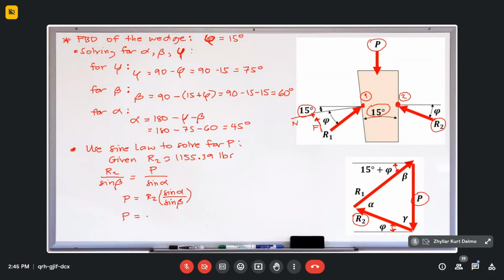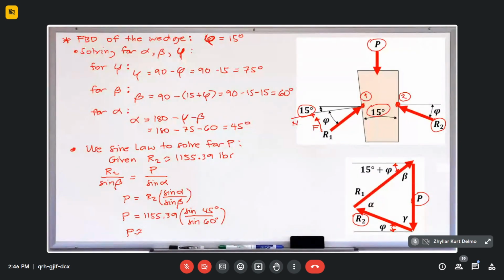Ato is substitute. So R2 is 1155.39. Then ang sine alpha, that is sine 45 degrees, over sine beta, which is sine 60 degrees.